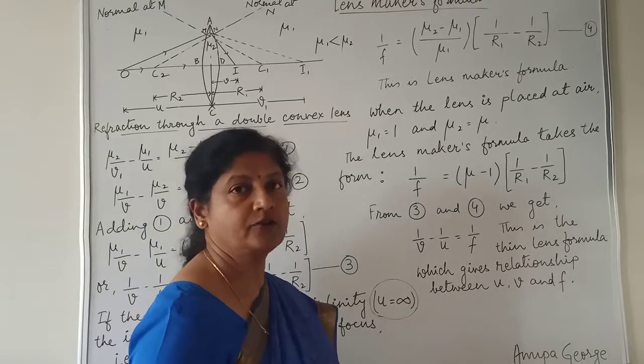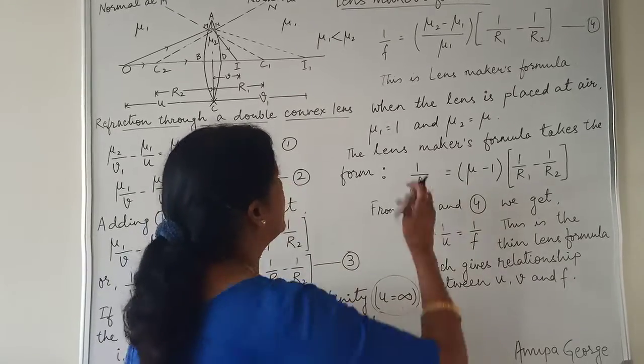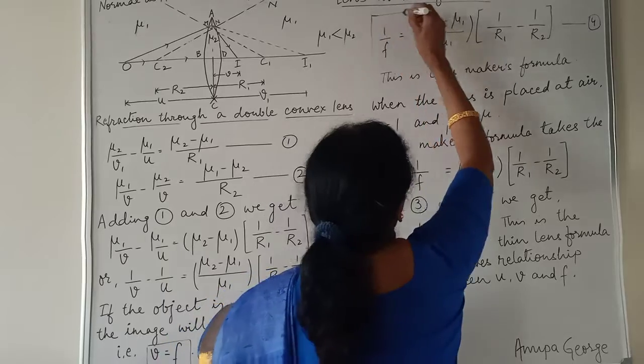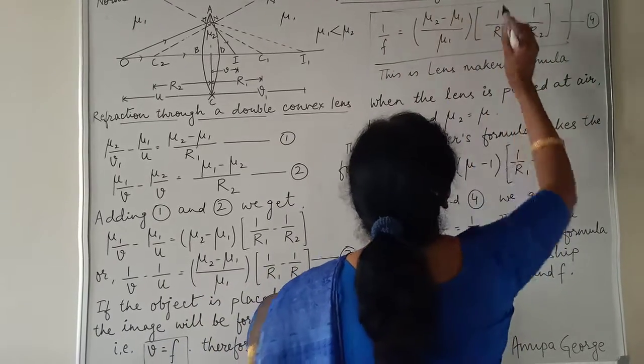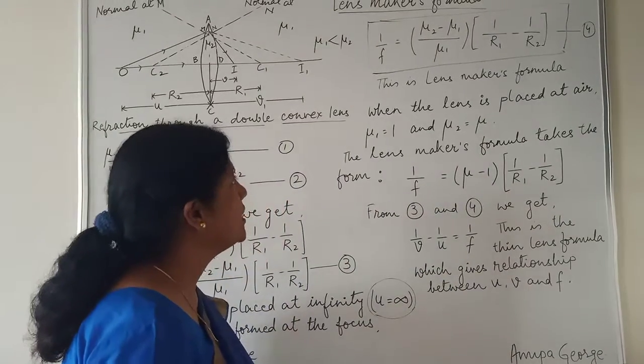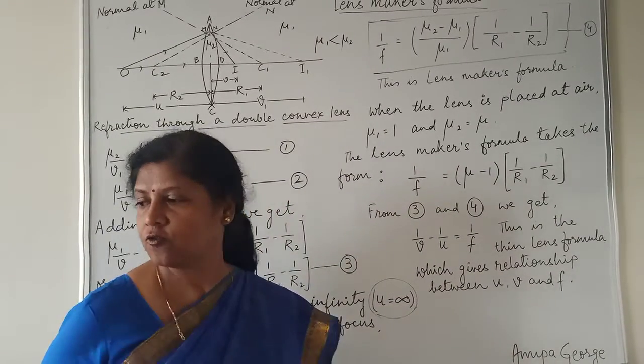Let it be equation number 4. This equation is called the lens maker's formula.